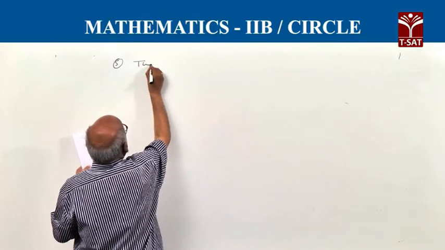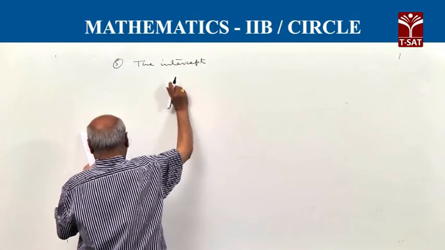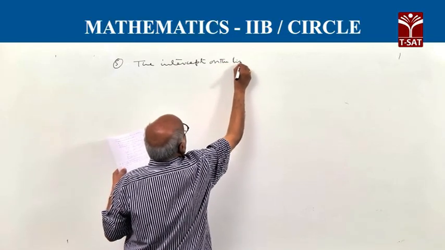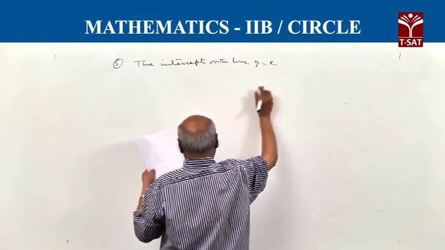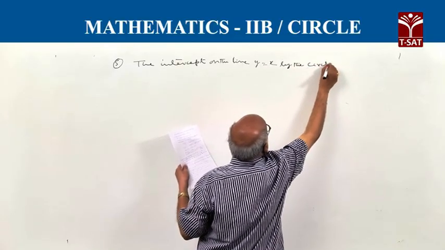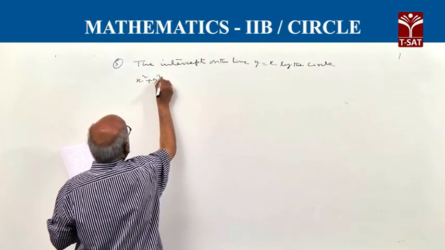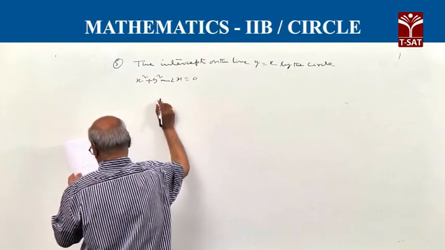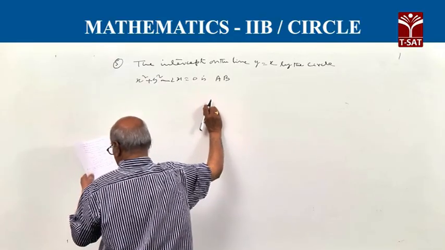Problem number 5. The intercept on the line y is equal to x by the circle x square plus y square minus 2x equal to 0 is AB.